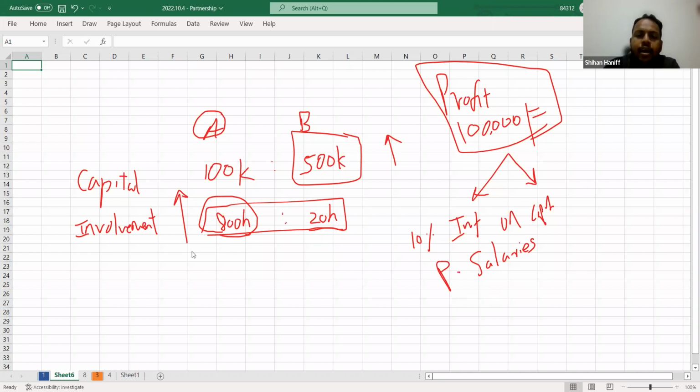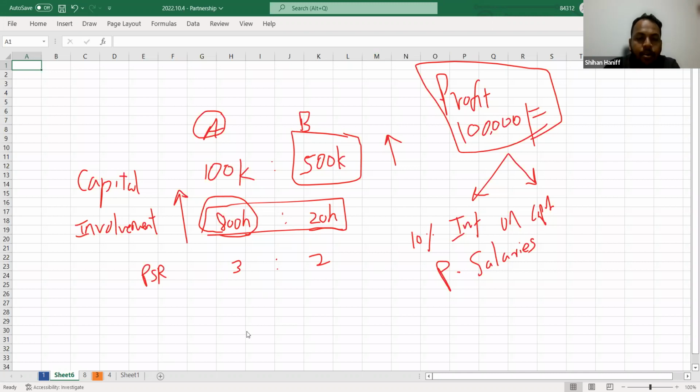And also they can share the remaining profit based on whatever their wish. Let's say 3:2 profit sharing ratio. Okay, so that is the main thing that we need to know in a partnership. So profit will be distributed among the partners in different methods.